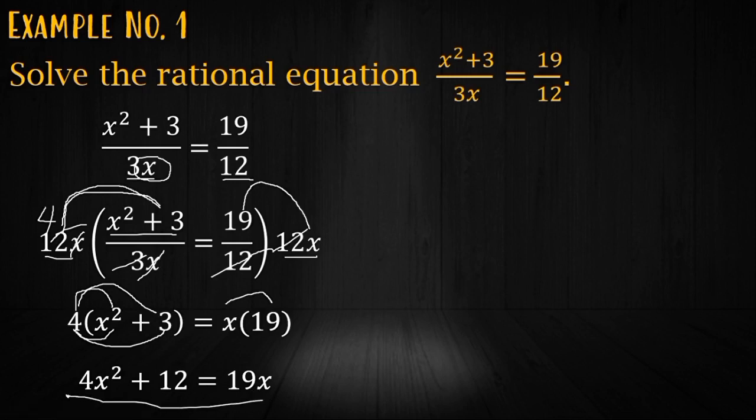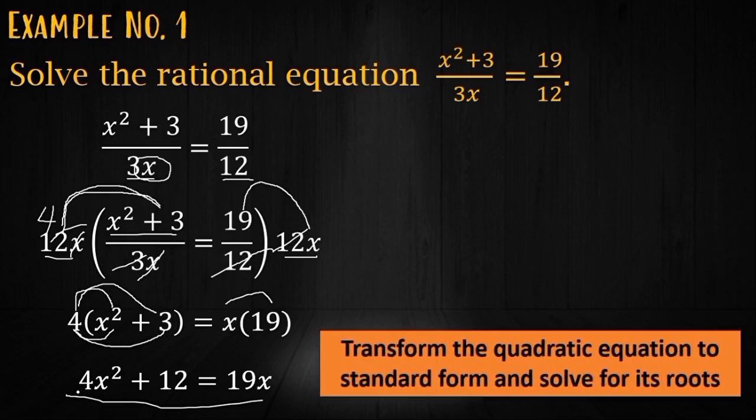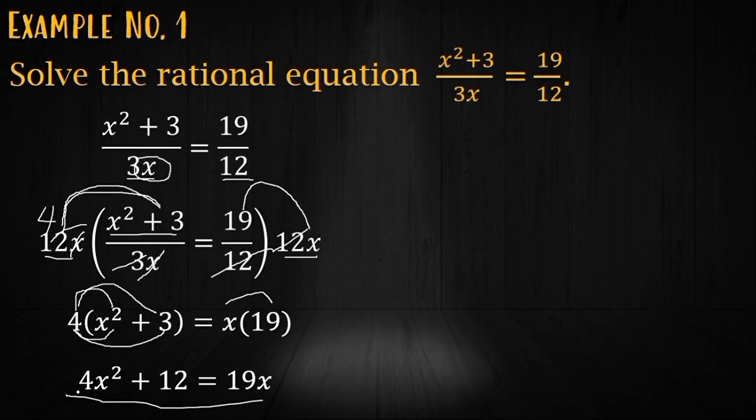As you can see, we already have the quadratic equation, but it is not in the standard form yet. So we will transform the quadratic equation to the standard form to solve for its roots. So with that, we'll now have 4x squared minus 19x plus 12 equals 0.